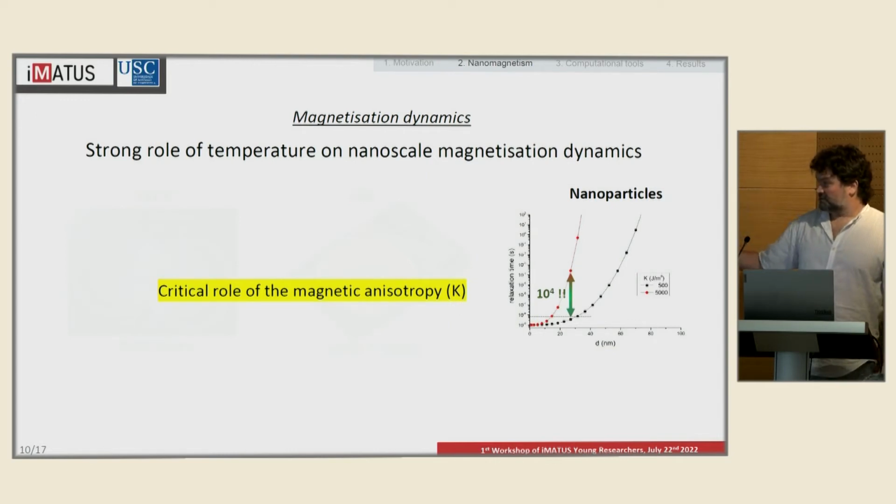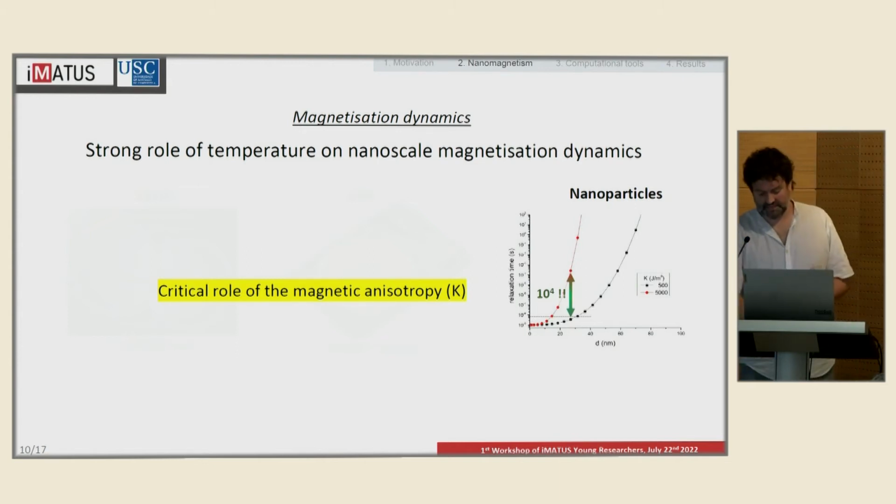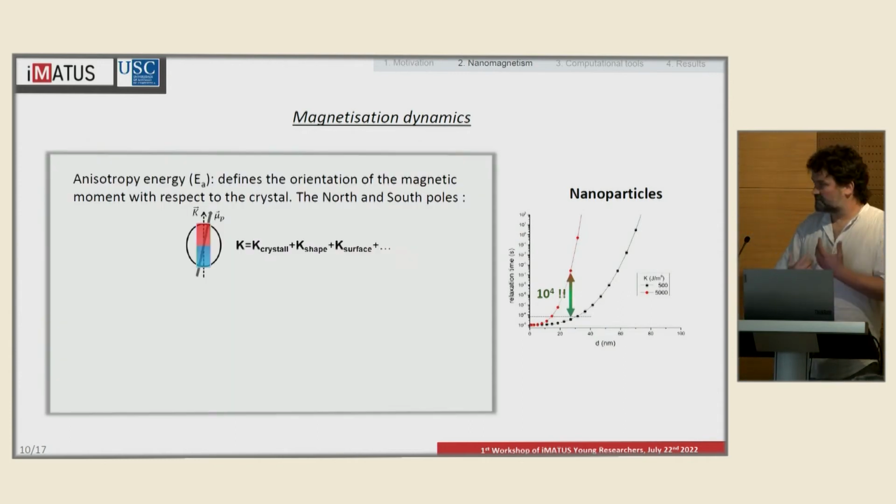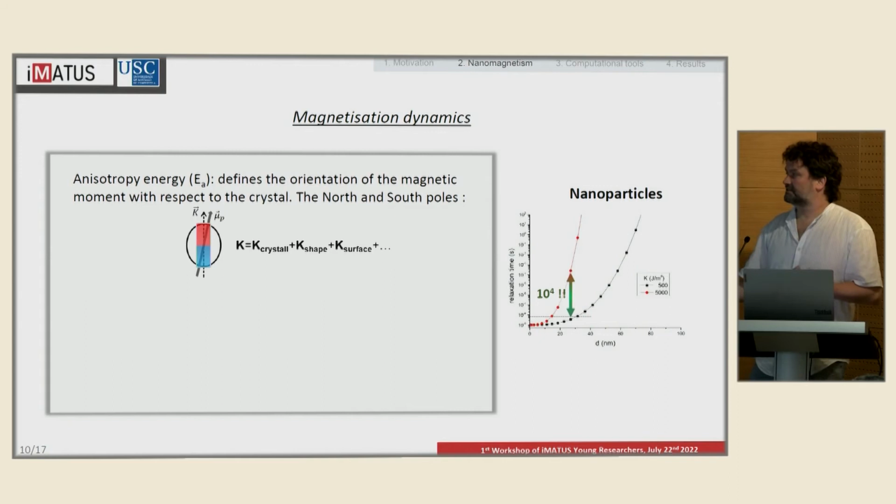And what is important here is the critical role of the magnetic anisotropy. In nano, magnetic anisotropy is the key for everything. You can have a very good particle with a large magnetic moment, but if the moment is not coupled to the lattice, there will be no effect. The magnetic moment will reorient under the field, but the particle will not feel it. The anisotropy is what links the magnetic moment to the lattice, what defines our north and south poles.